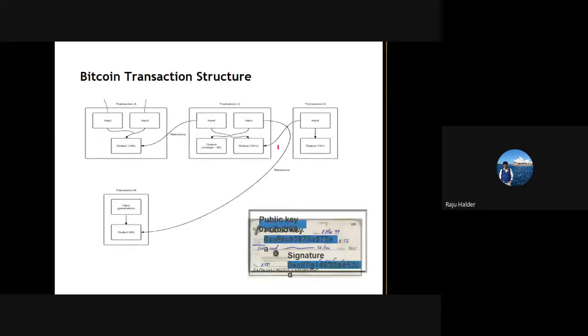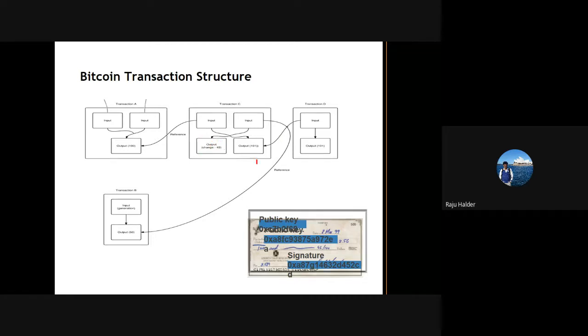Now this is a new transaction that I can create. In the new transaction, I can tell it to please refer to my 5 Bitcoin here. This is my input. And in the output, I want to transfer this 5 Bitcoin to my friend.